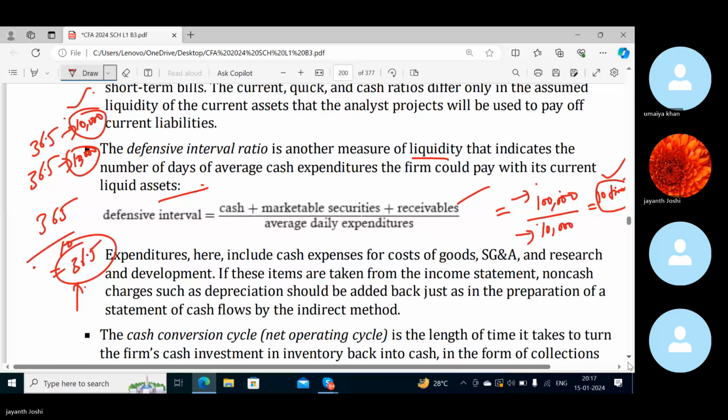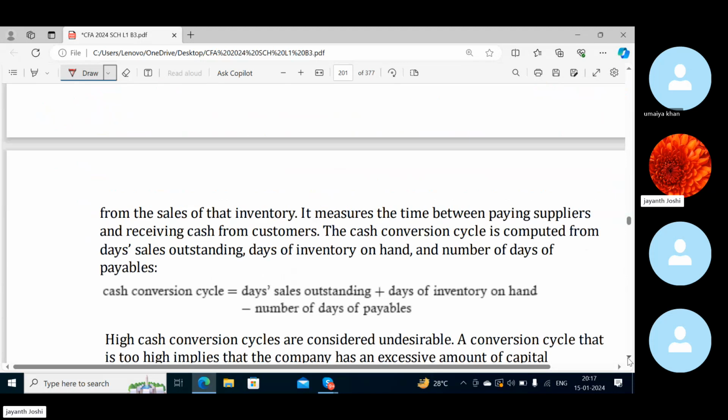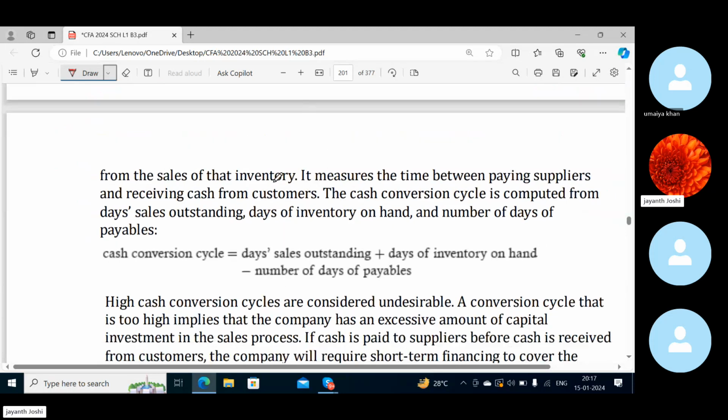Now comes the cash conversion cycle. I will give you a very good formula for this. Cash conversion cycle is nothing but debt collection period plus stock conversion period minus debt payment period.